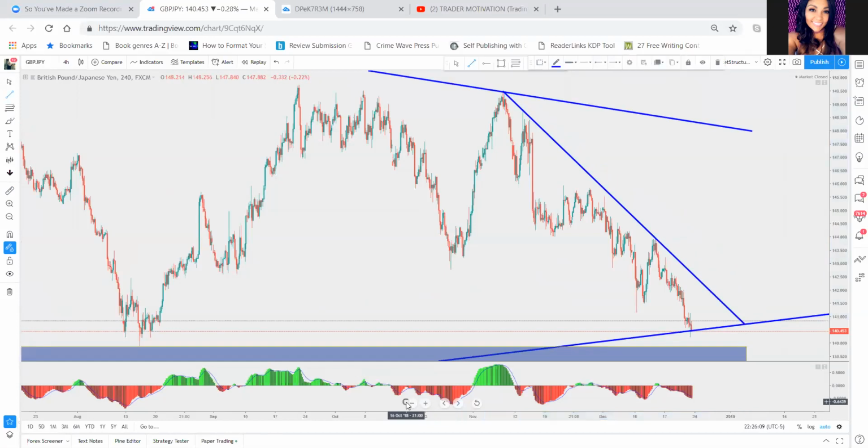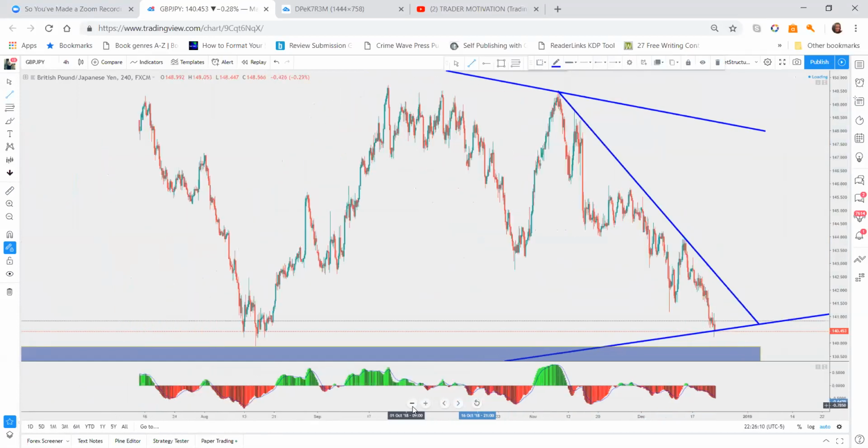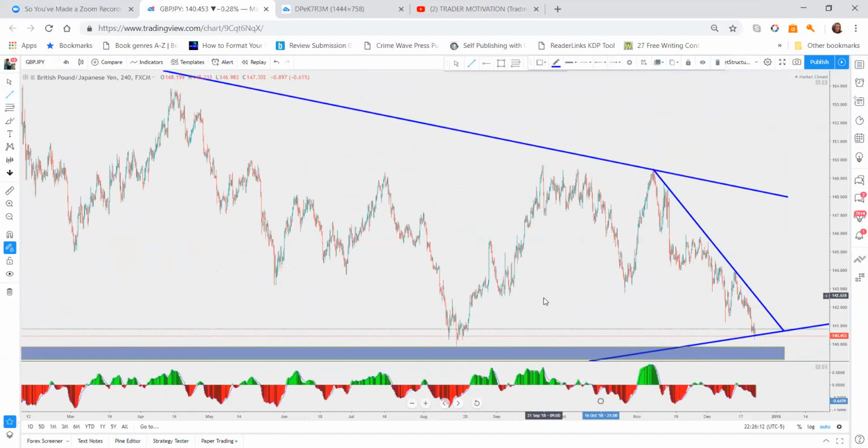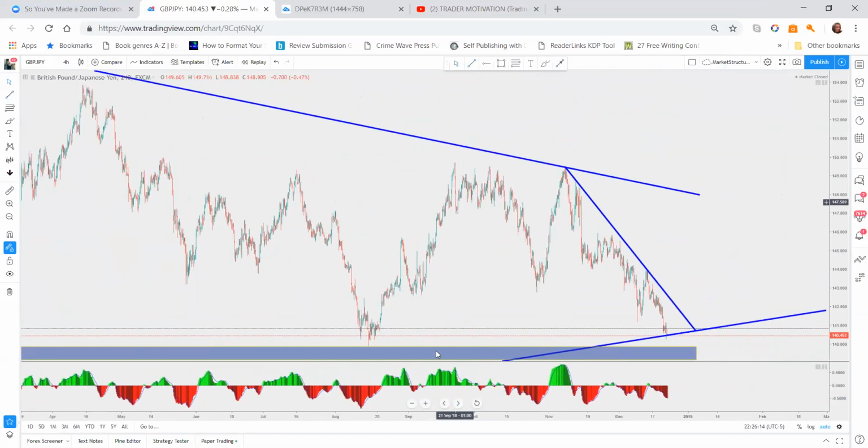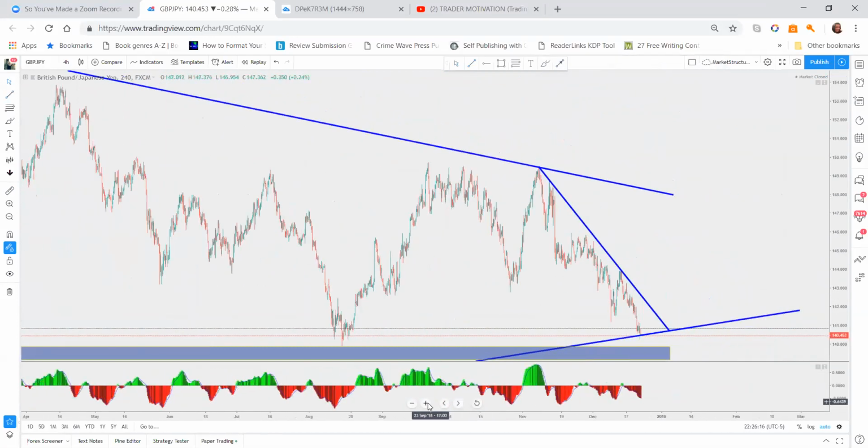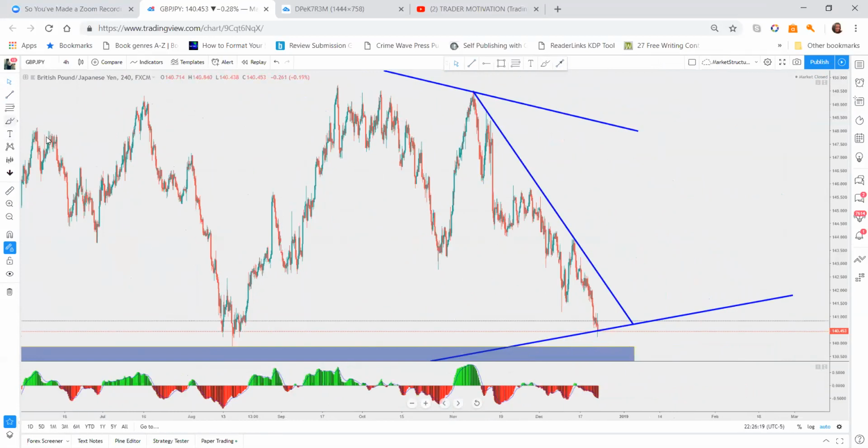So what I think is going to happen, Jamie, on this pair, and Grant, all of you that already know how, I think we're going to see it correct right down here and then go up. Because it's already doing a little funky business.